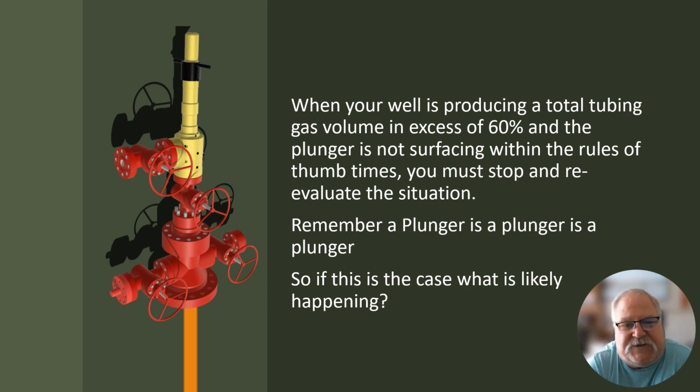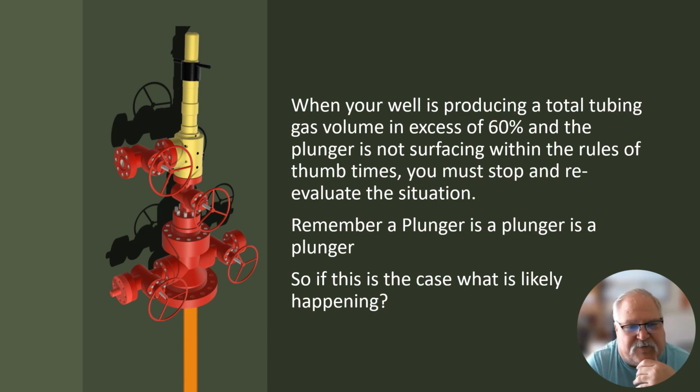When your well is producing a total tubing gas volume in excess of 60% of the critical, and the plunger is not surfacing within the rules of plunger set times, let's say normally you would expect a plunger to be up in 15 or 17 minutes, and it's taking 35 or 40 minutes. Why is that? Again, it probably has to do with where the gas is being injected, which is probably above where the plunger is actually sitting.